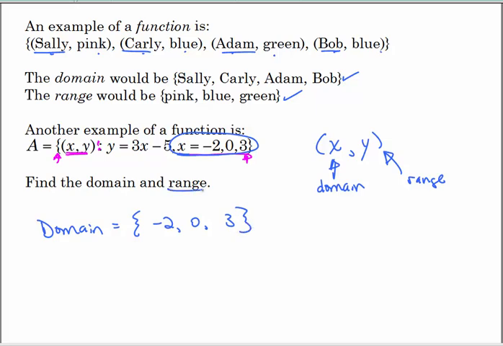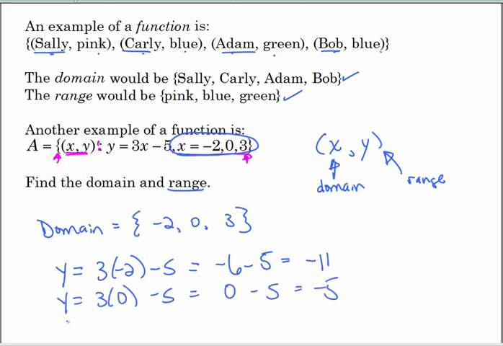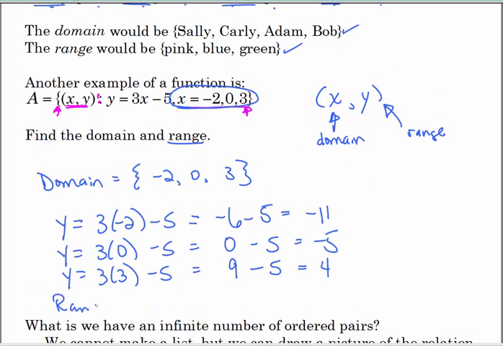So how could we find the range? The range are the y values, then we just need to plug in our x's, do some arithmetic, and get that y value, then the next one, and then the last one. So our range would be the set of the y values, and again listed in no particular order, -11, -5, and +4.